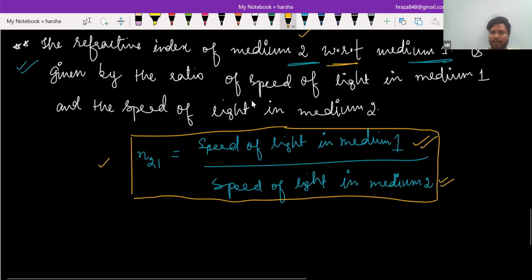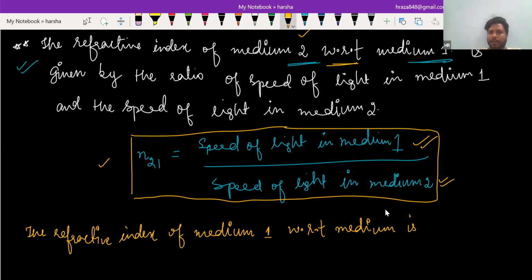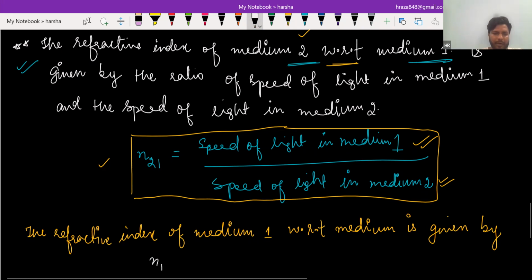And another, the reverse of this: the refractive index of medium 1, now I just reverse the sentence, medium 1 with respect to medium 2 is given by n12.